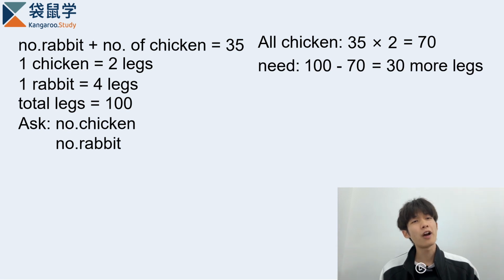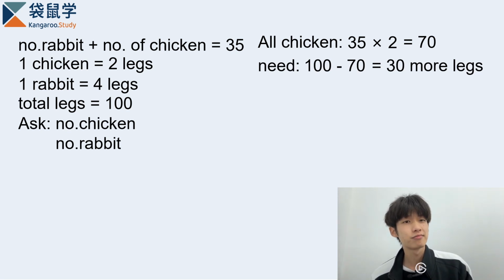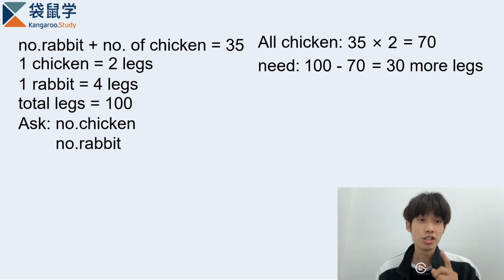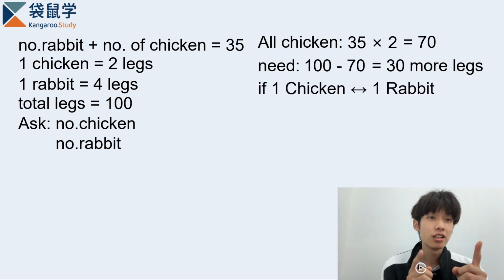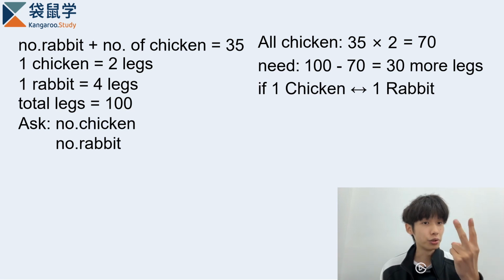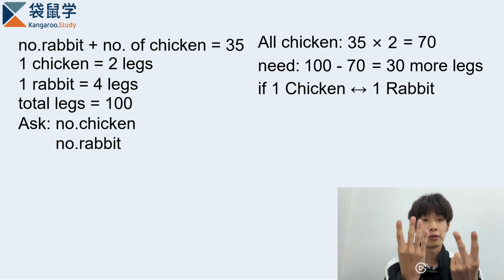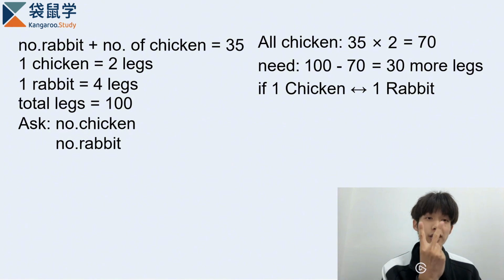Then how can we get these 30 more legs? Oh, rabbits have more legs. So can we change one chicken to one rabbit? When I exchange one chicken for one rabbit, how many more legs do we get? 2 from chicken and 4 from rabbit, so we get 2 more legs for each exchange.